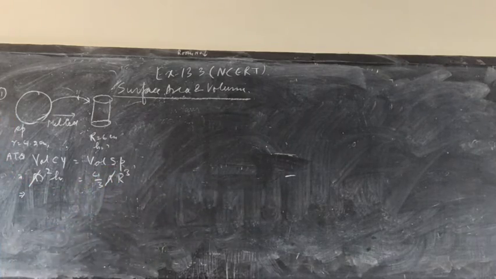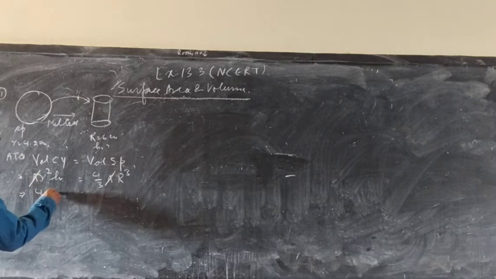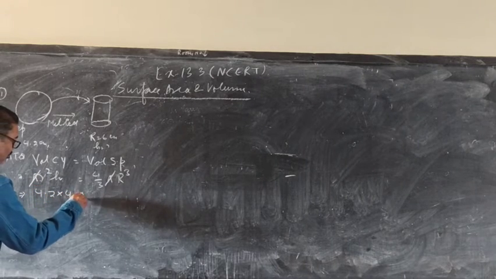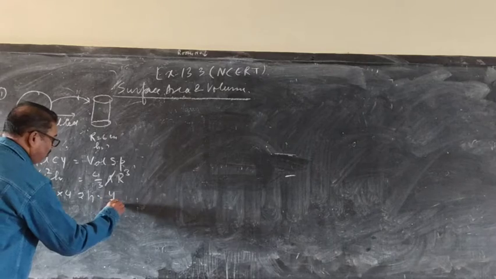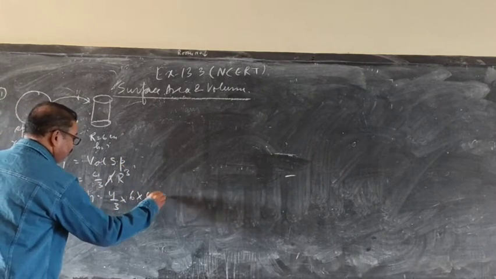Pi and pi cancel. We have 4.2 into 4.2 into h is equal to 4/3 into R cube, here given 6, so 6 into 6 into 6.